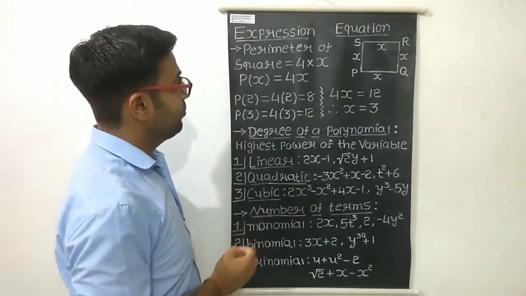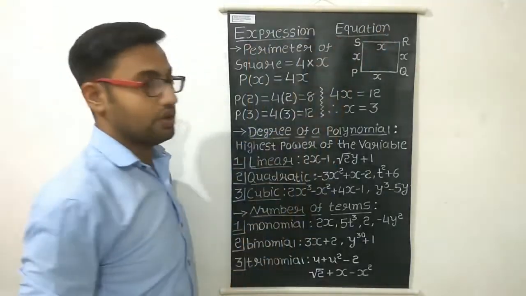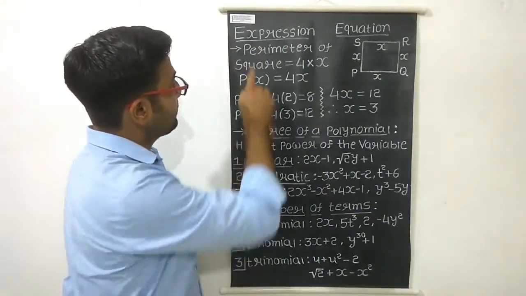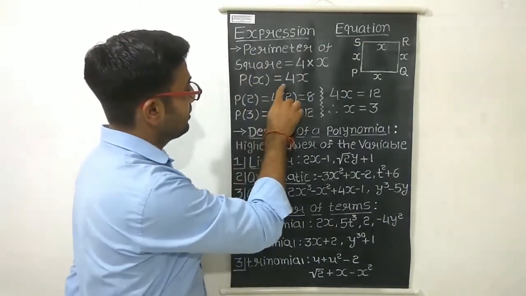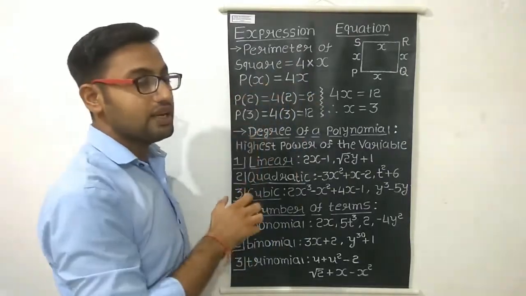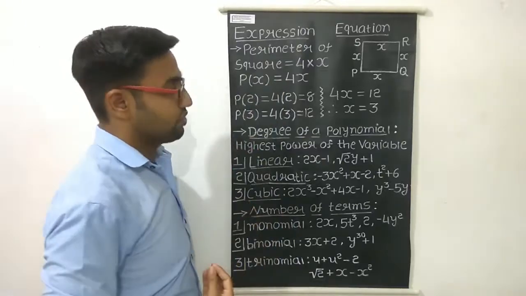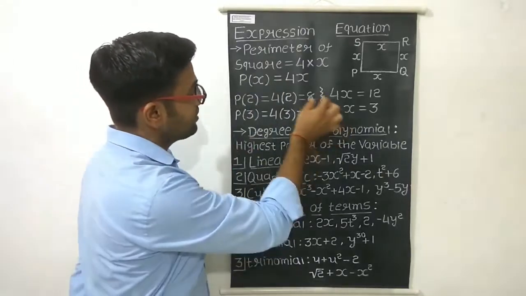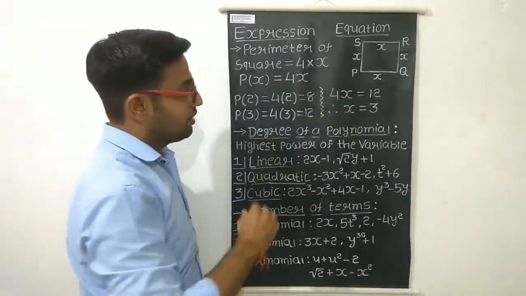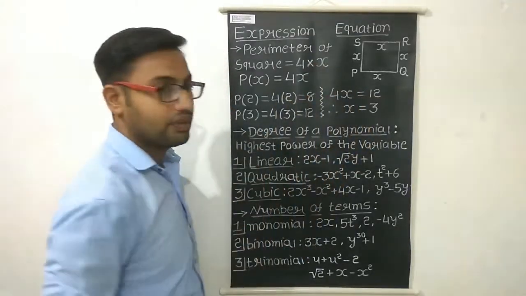Okay, so now what is the difference between expression and equation? You have to be clear about that in your mind. So the expression is this 4x. 4x is an expression, or you can say that polynomial is a kind of expression. And what is an equation? If we fix this 4x with some number, then it will become an equation, and there is an equal sign, right?